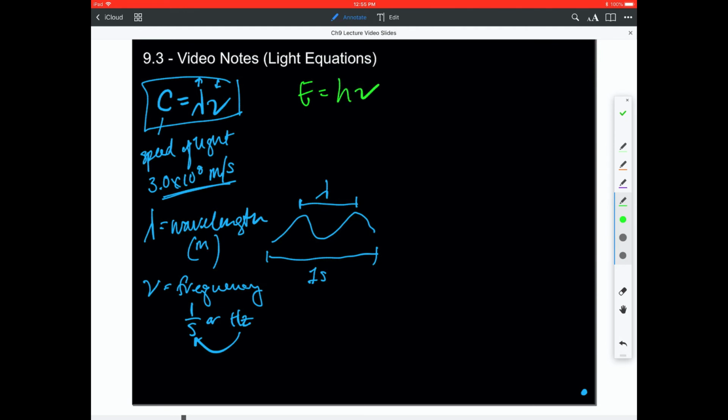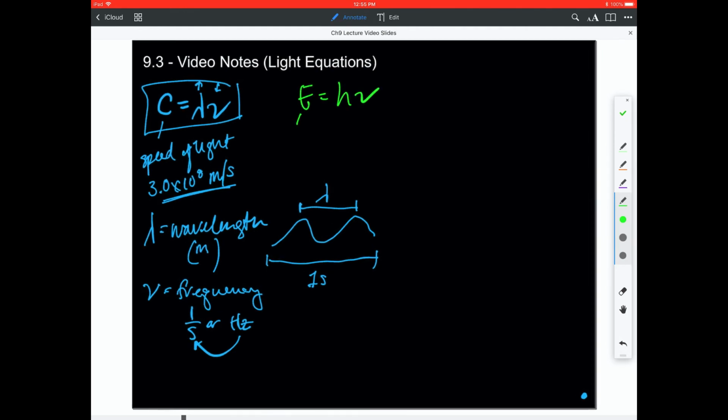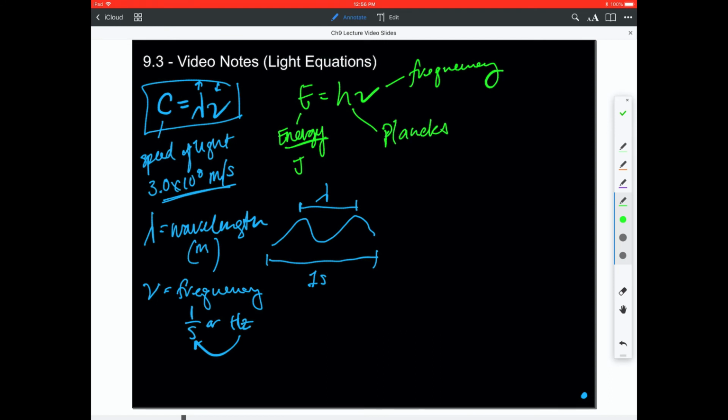All right, next equation. E equals h nu, where E is the energy measured in what? Joules. This is frequency, again the same frequency we talked about in the previous equation. Here, though, we have Planck's constant, which is 6.626 times 10 to the negative 34th joules times seconds.